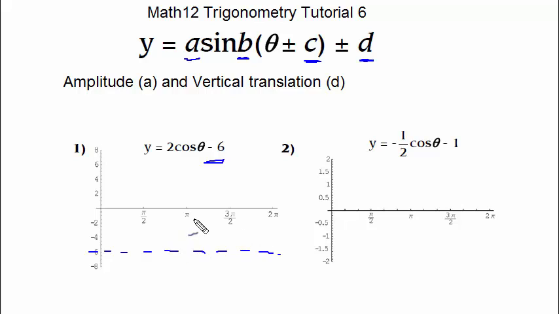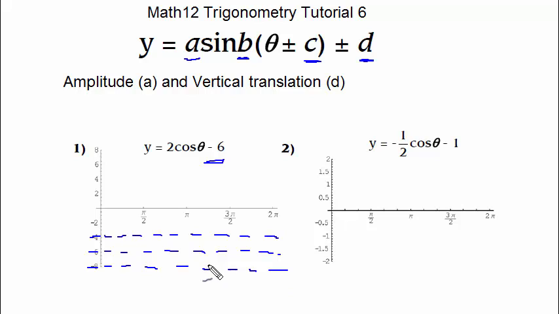And then we're looking for the highest point and the lowest point. The vertical translation plus amplitude gives us the highest point, the maximum, which is negative 6 plus 2, negative 4. And negative 6 minus 2, which is negative 8, will be our minimum point.